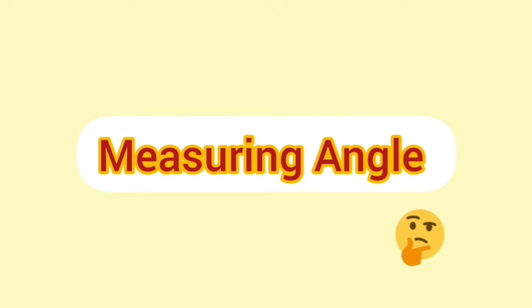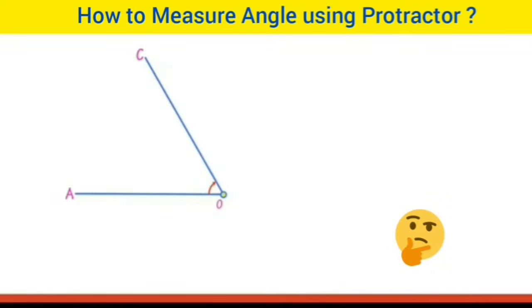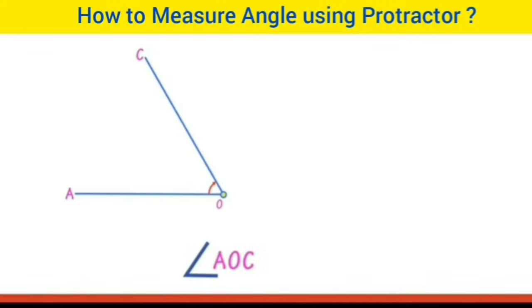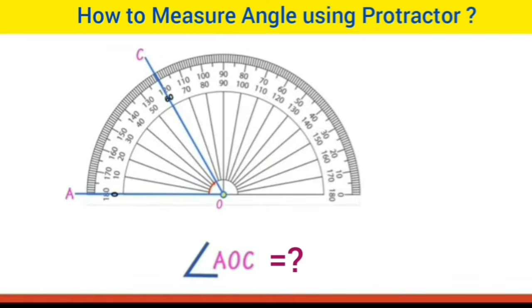Now let us see how to measure angles using a protractor. Let us say we want to measure this angle AOC. To measure an angle, there are two things we need to do. We need to keep one arm of the angle at the 0 angle position and the vertex of the angle in the center of the protractor.